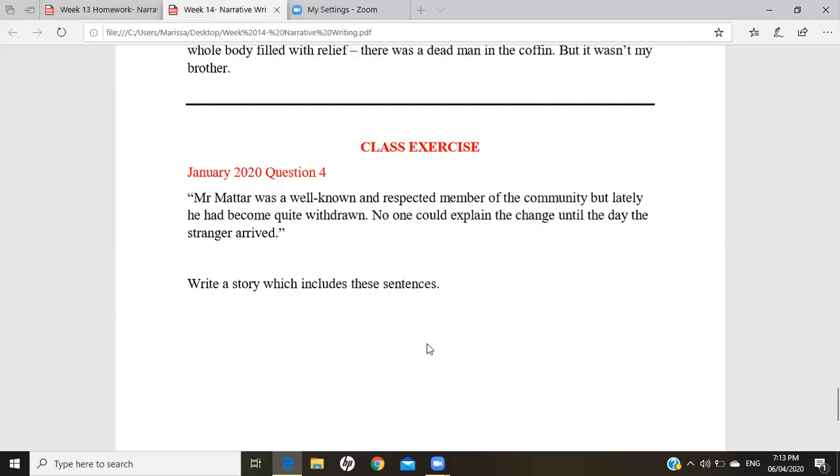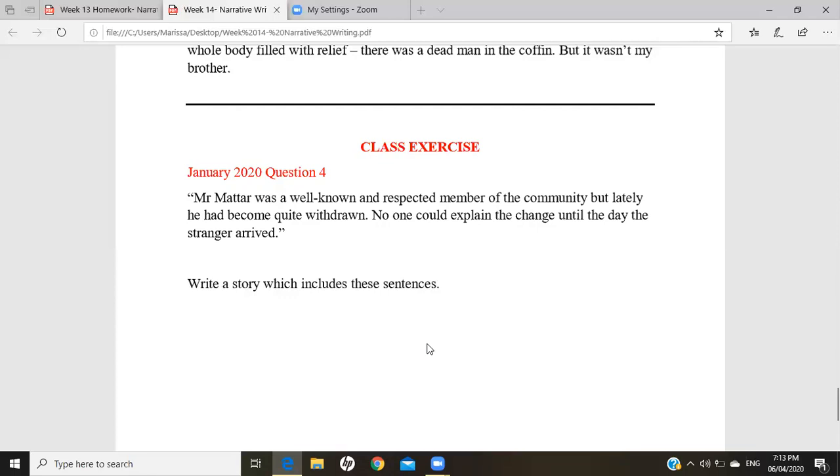I want you all to see if you can write this essay. Just remember that you could begin your story with these sentences, or you could end your story with these sentences, or maybe you could put them in the middle of the story.